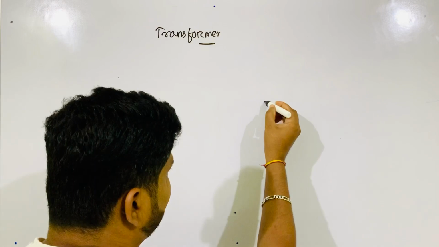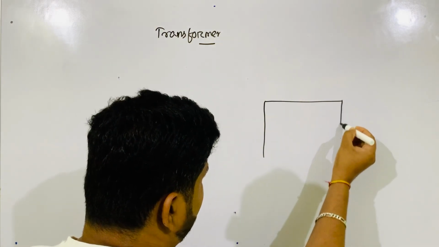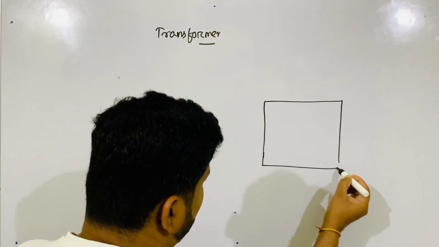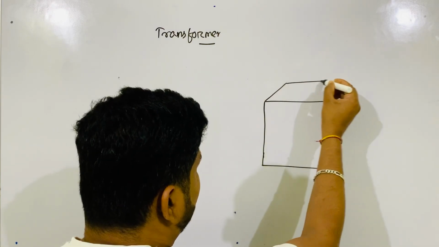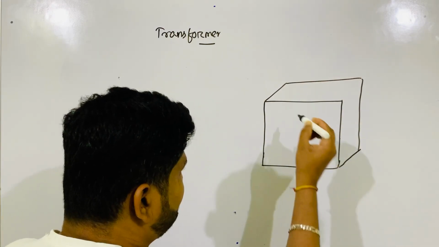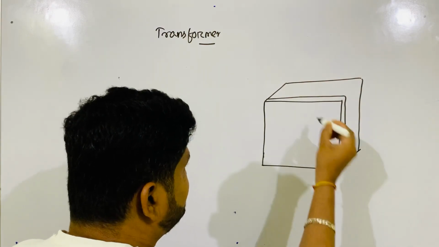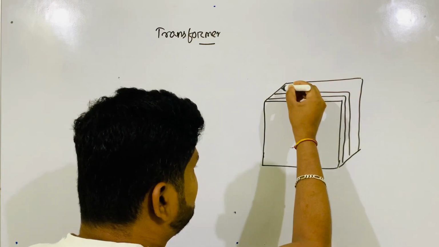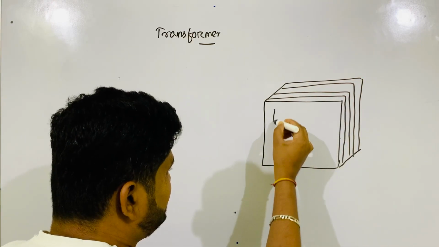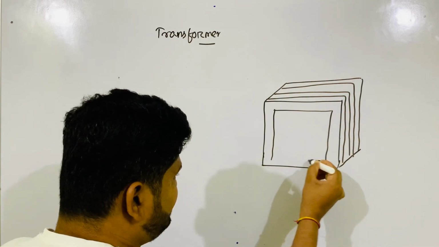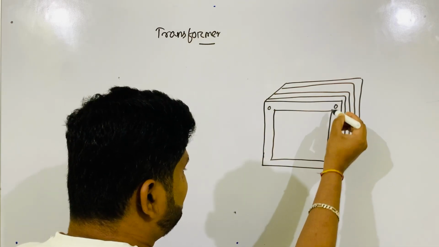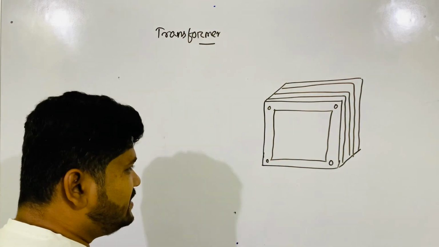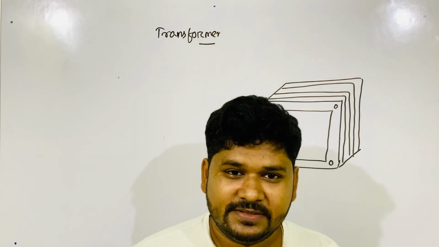Now see, I am drawing the figure of the transformer; from the figure we can go to the construction. Have you seen this type of figure in any previous lecture?